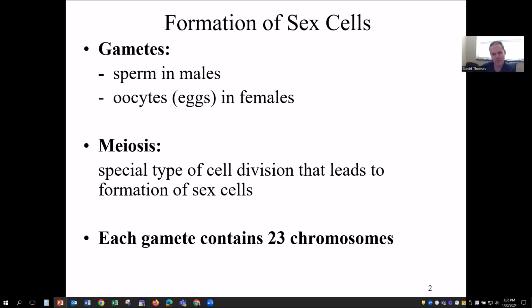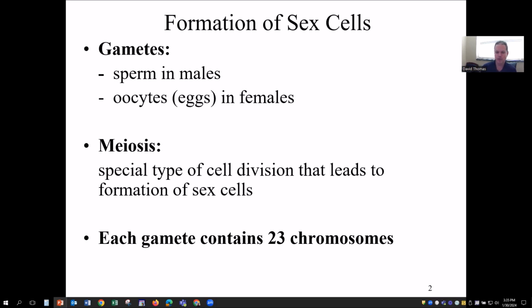But it's this type of cell division, meiosis, that leads to the formation of these gametes, right? If you think of it in terms of chromosomes, a human diploid cell has 46 chromosomes, and that's its diploid number.